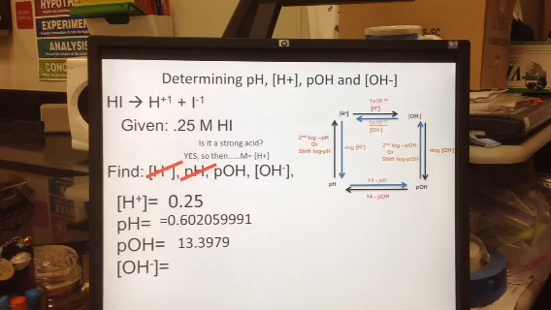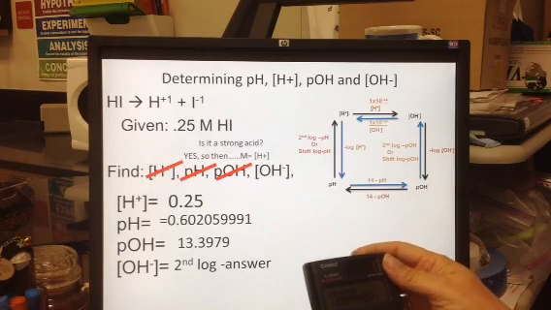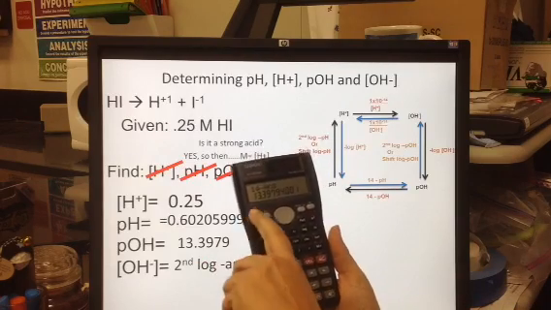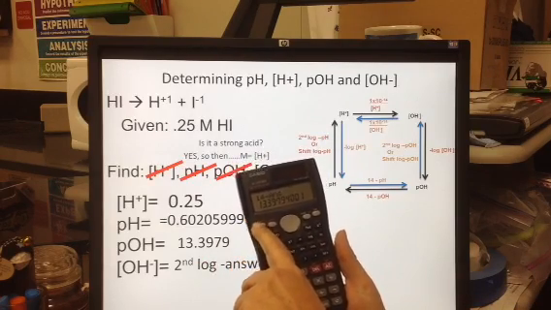So if I am solving for that, my problem, I've already finished that one, is the second log of my negative pOH. So that means it's the second log of my negative answer. You've got to put that negative in there. So on this calculator, you start with exactly what it's telling you, and it is the shift on this one.